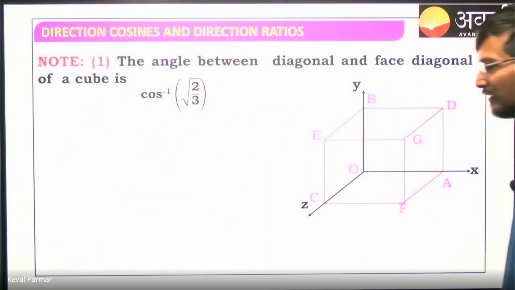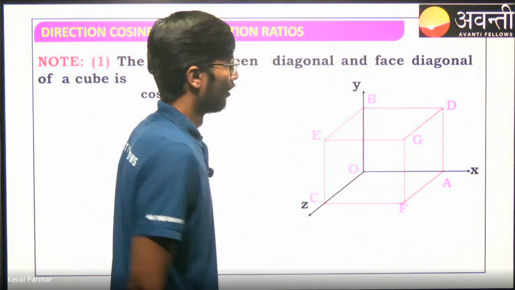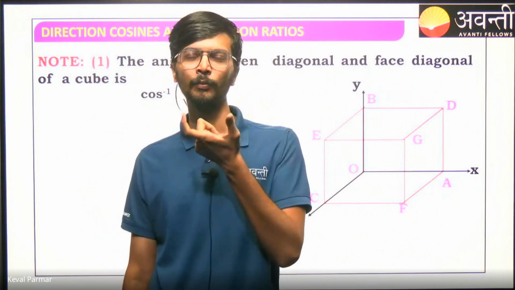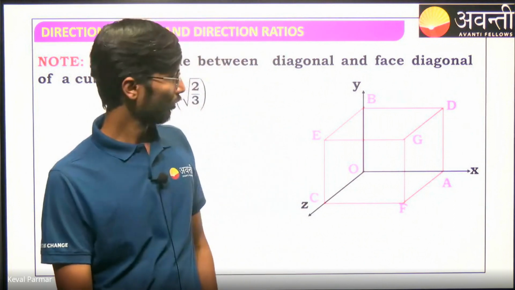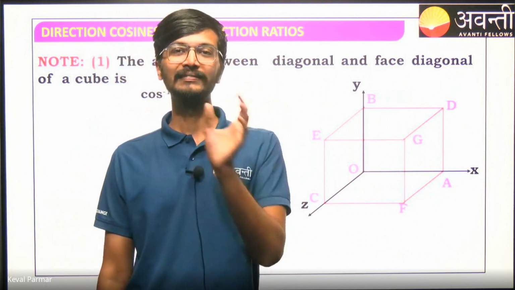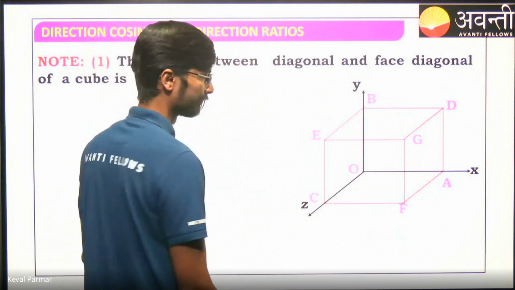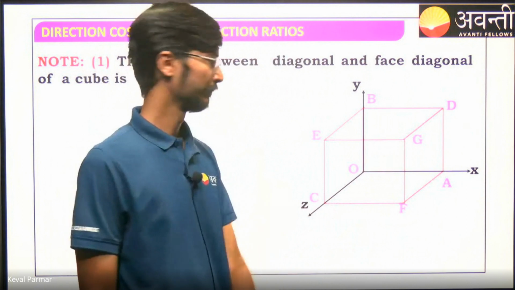There are many diagonals in the cube and there are many face diagonals. Let's say the cube has a fixed side length. Let me just assume that the cube has side length equal to 1. So all of these lengths will be equal to 1.